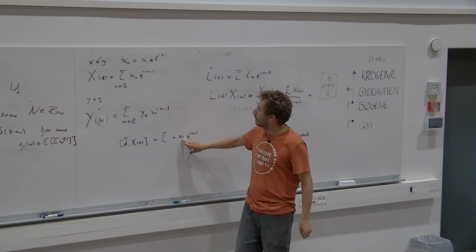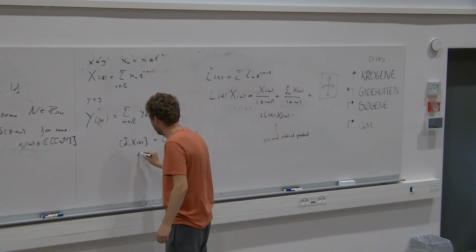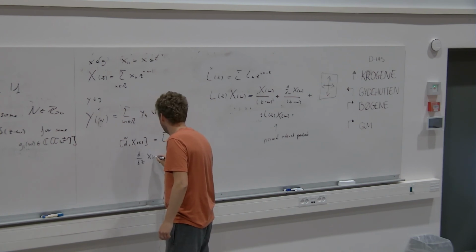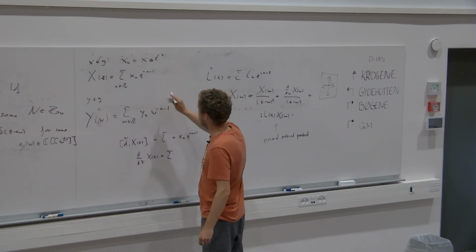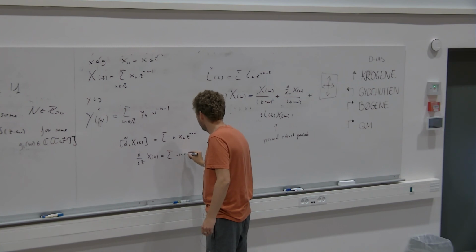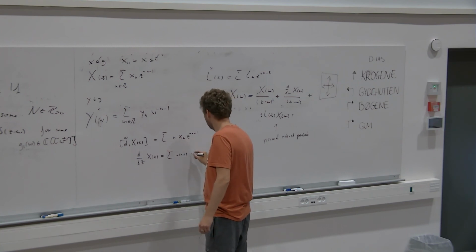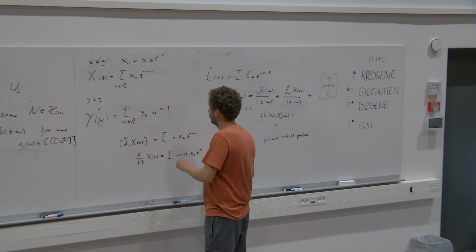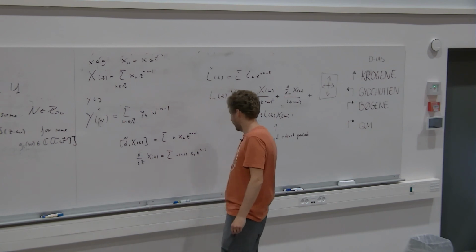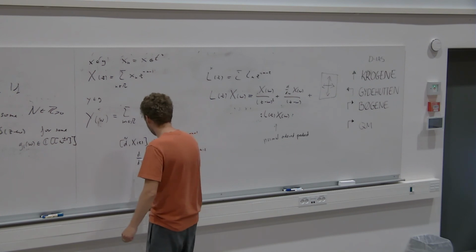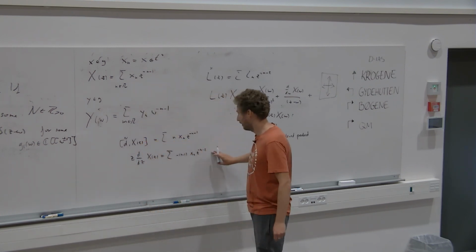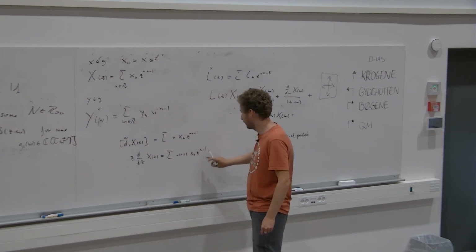On the other hand, I can take the literal derivative of this field, and what would I get here? I would get a minus n minus 1, and in particular, I can take the derivative z times d dz, so that I just get the same power here.